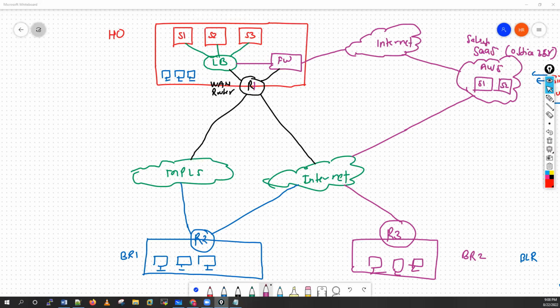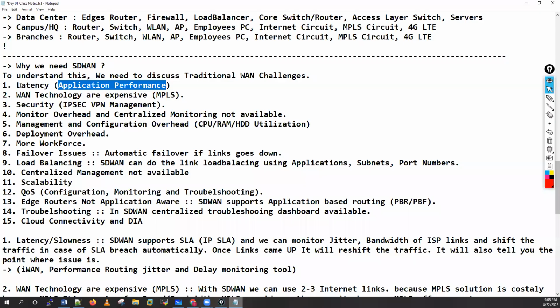This is how it takes care of application performance issues caused by latency, delay, and packet loss. Latency is also jitter, guys. In your management UI, we will see the jitter there.